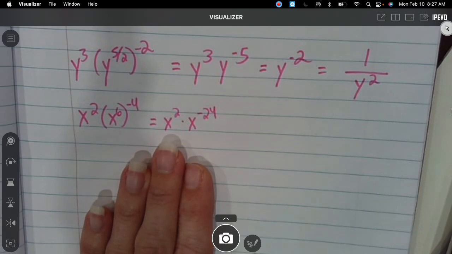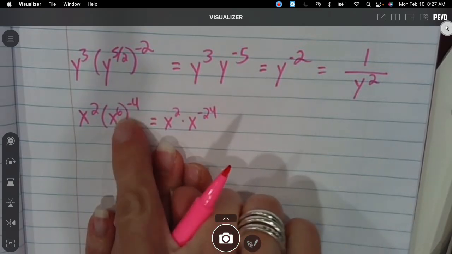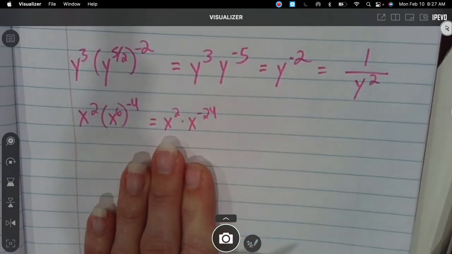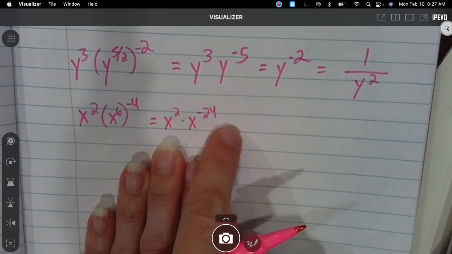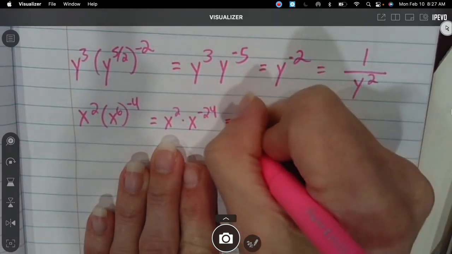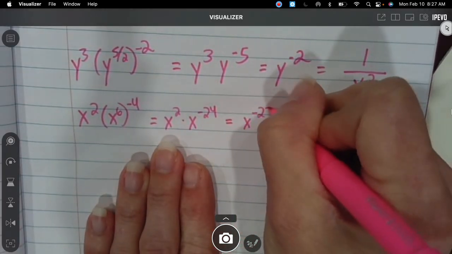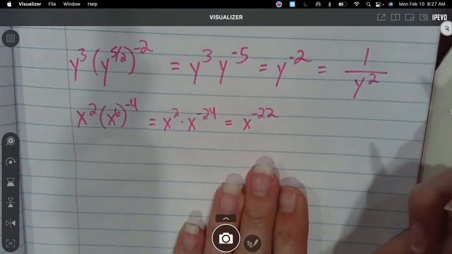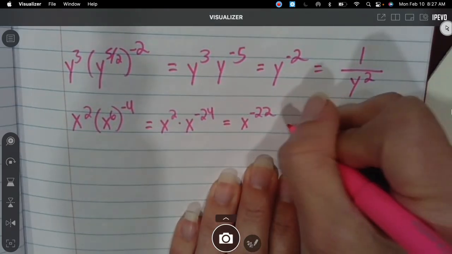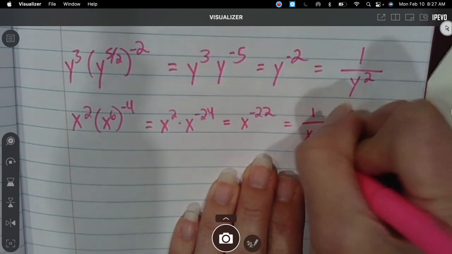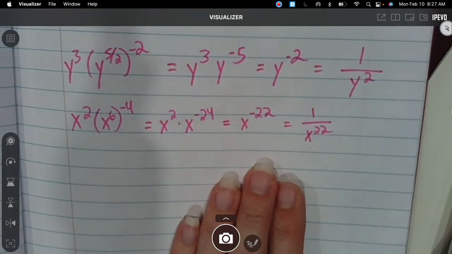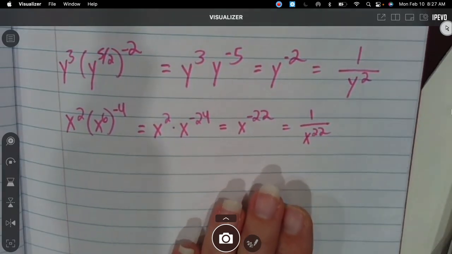Okay, so I did my product, a power to a power. Now what do I do with these exponents? Add them. So it's -22. And what happens when you have a negative exponent? You move it. So it's 1 over x to the 22. Yes.